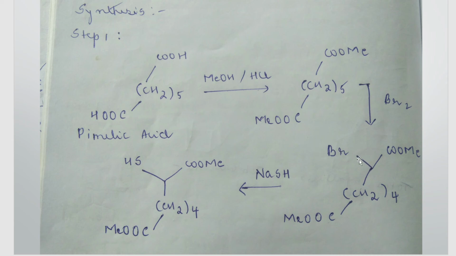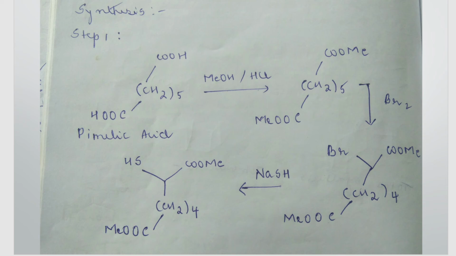So this carbon will have 1, 2, 3 bonds and one hydrogen here. So it was CH2, now it is CHBr. One hydrogen will go out with one bromine as HBr. You don't have to show that, but just for your reference, I told you there is removal of HBr, and one more Br will attach to this carbon. So now the chain is CH2 four times, here one CHBr is there, COOMe, COOMe.